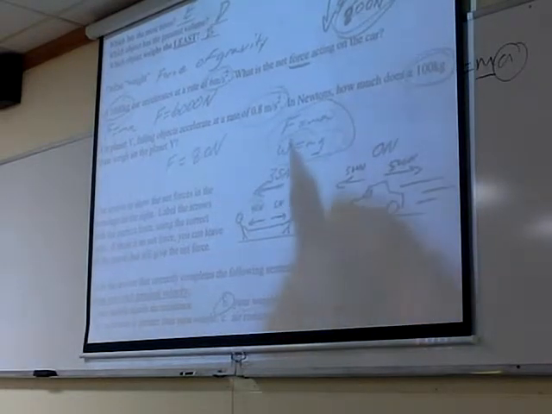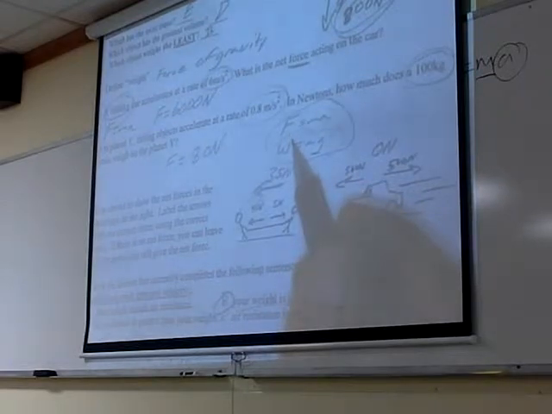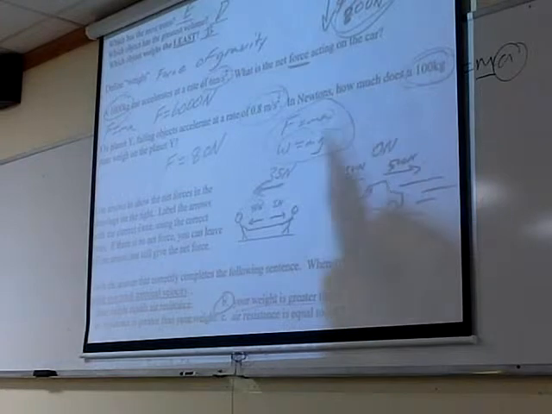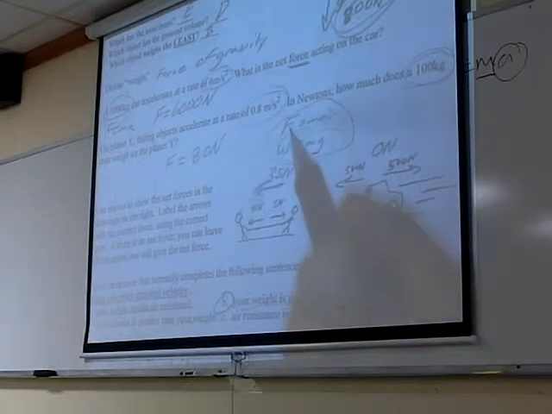On planet Y, I've written the same formula 2 different ways. People in other classes had some confusion. Force equals ma, I thought that was the equation, but then when you're doing weight, it's mg, and I was using these interchangeably.